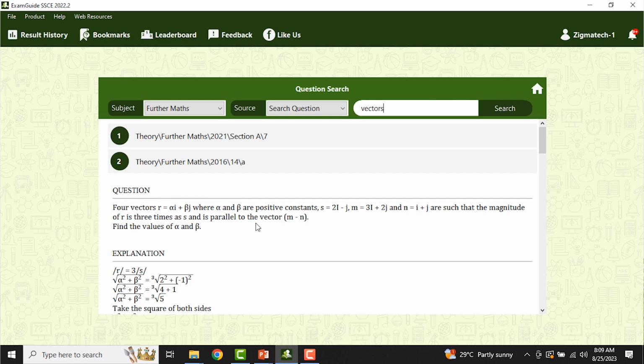Now the next thing: they are such that the magnitude of R is 3 times that of S.